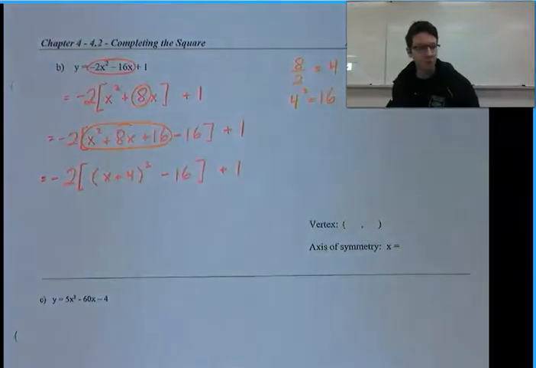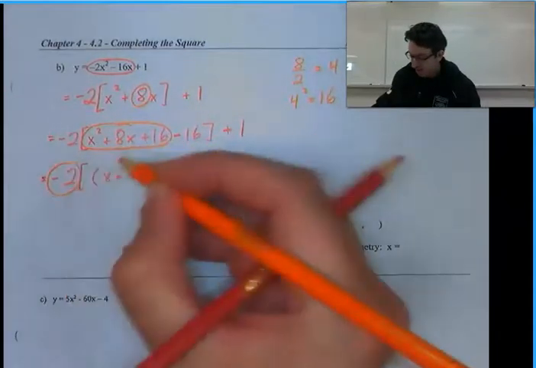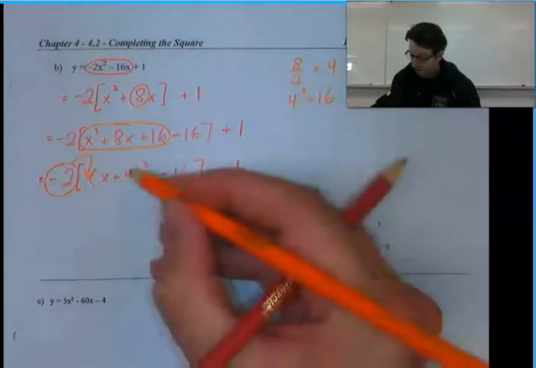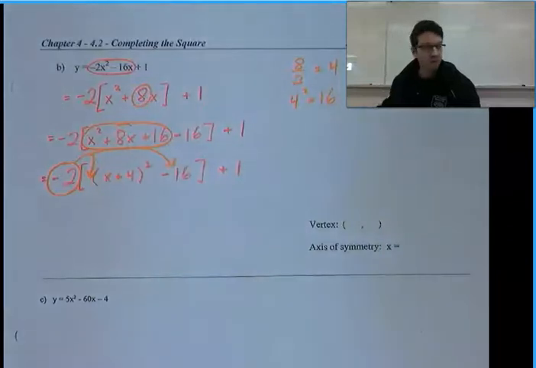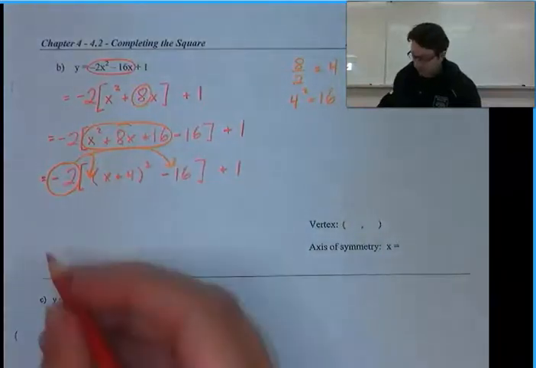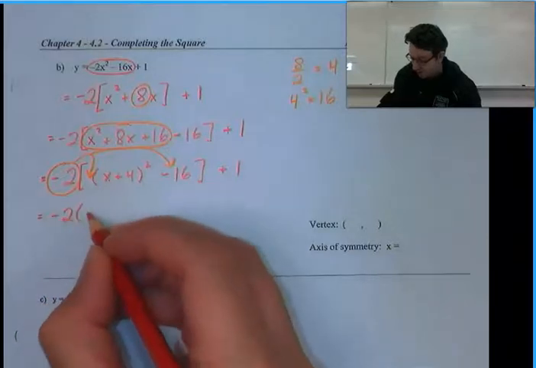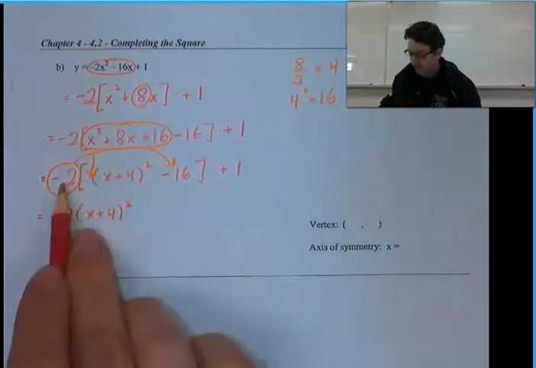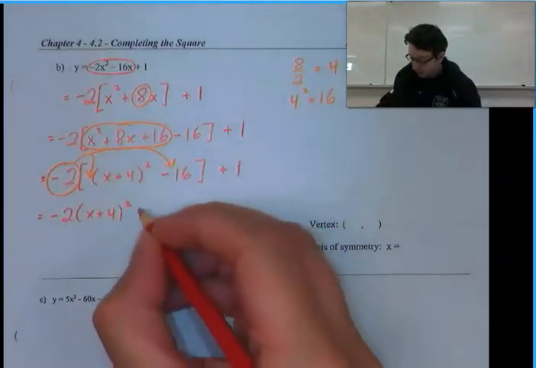Now that's not quite factored form. So what we're going to do now is we're going to take this -2, we're going to multiply it in here, in front of those brackets, and multiply it in here by -16. When we do that, we get -2 times x plus 4 all squared, and then -2 times -16, a double negative, so we get positive 32.